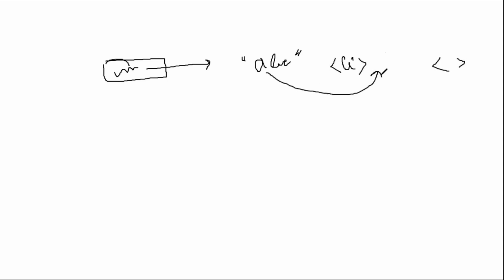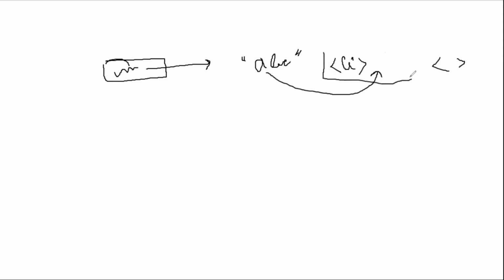this is the part where we get the input, right? So on click, when we get the input, let's say A, B, C, this is the input we got from the user. So first of all, we need to create an element, let's say li, and it also has a closing tag, and we need to put the input inside that.